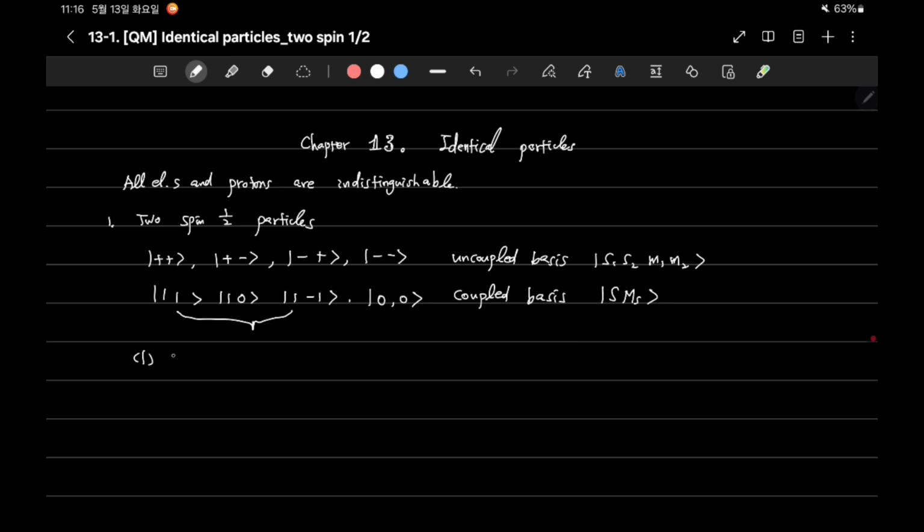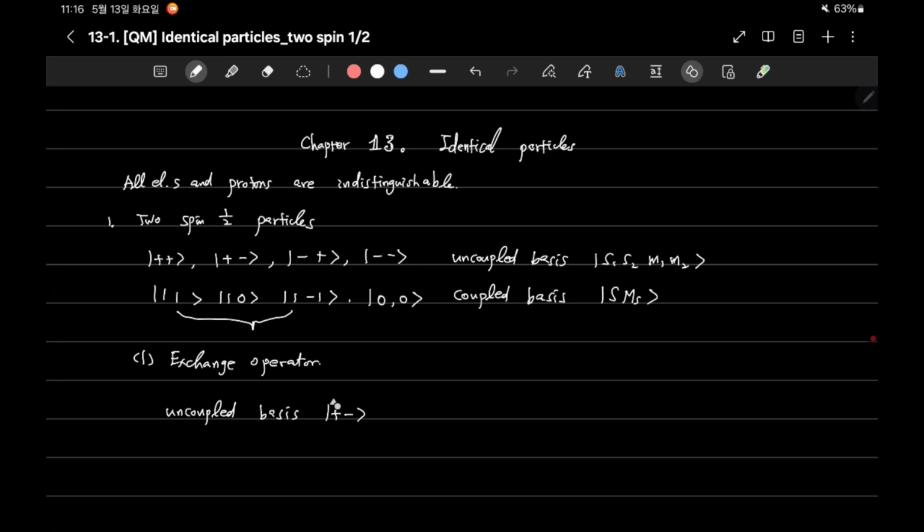Now, for the exchange operator in the uncoupled basis, when you think about the spin up-down state, we do not know which is the first electron and which is the second electron.